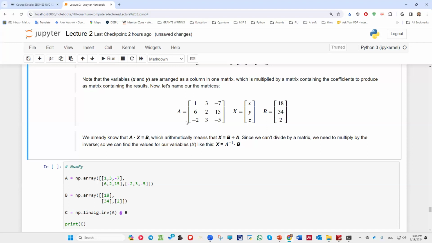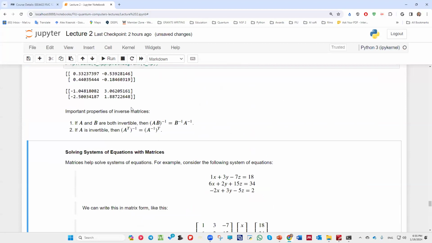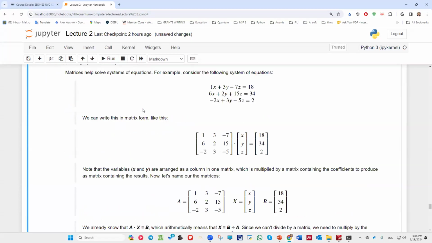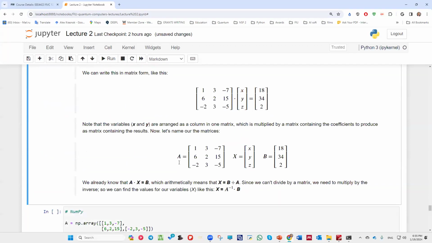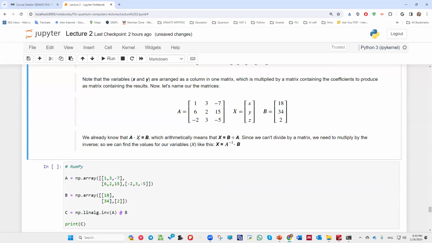It generates this unitary identity matrix, and identity matrix times X returns X. So this is the solution for a system of linear equations of any order.